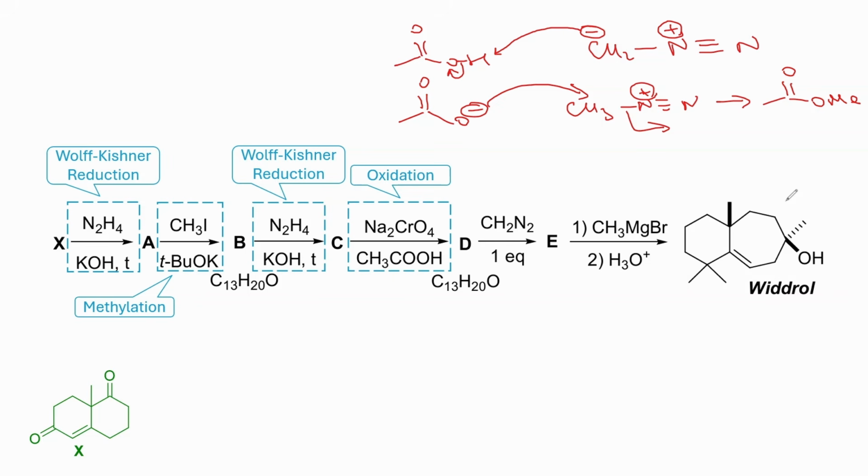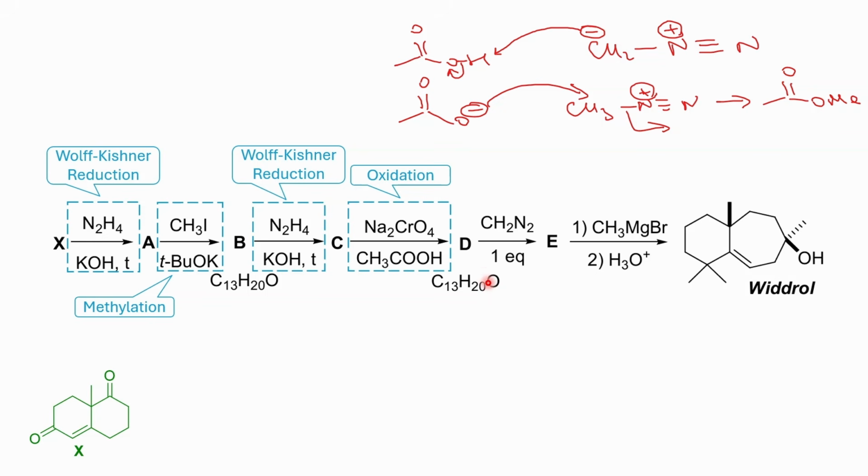There's also homologation or cyclopropanation; it is also used in Arndt-Eistert synthesis, which we will talk about. But one idea I would like to propose here is that it could be this kind of reaction, because previously we have oxidation, right? So maybe we can make COOH, and then convert that COOH into COOCH3 using this reagent. But there's only one oxygen in the molecular formula of D. That's not the case.